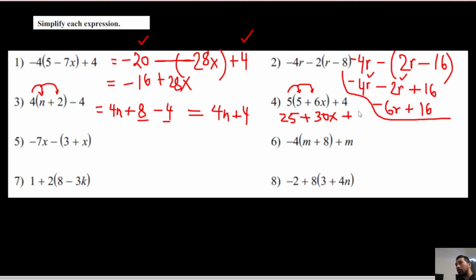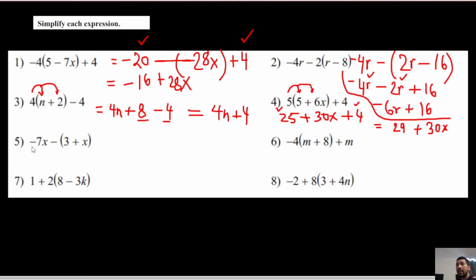Plus 4. We can see that we have 25 and 4 as the like term, so we just add them. So you get 29 plus 30x.